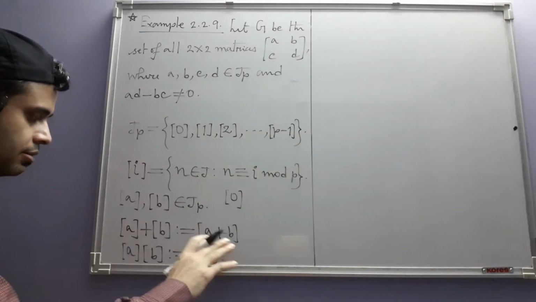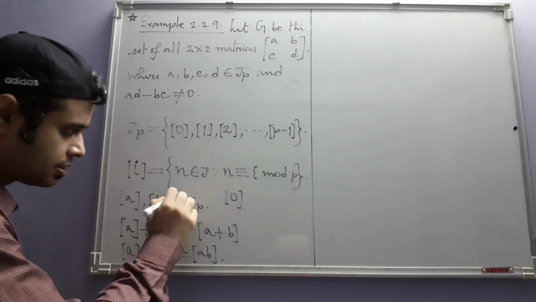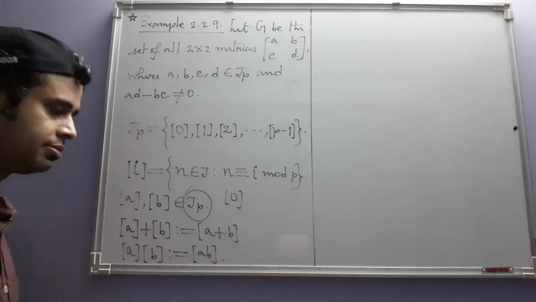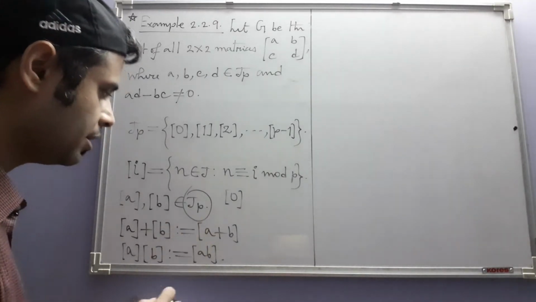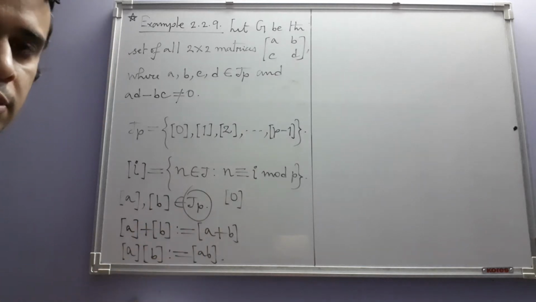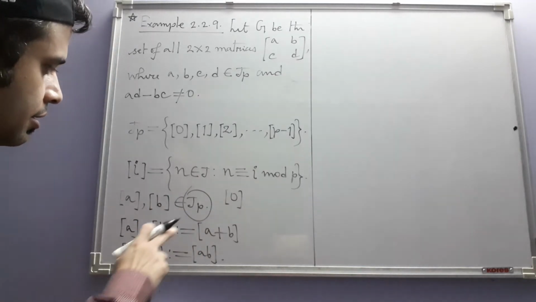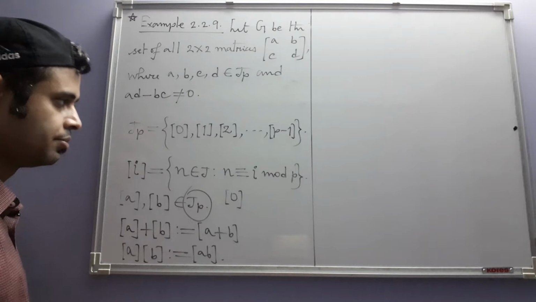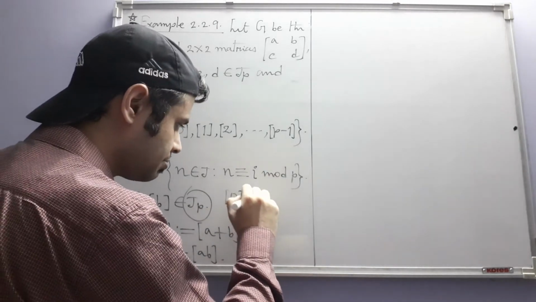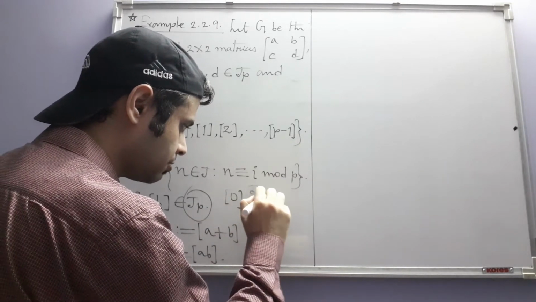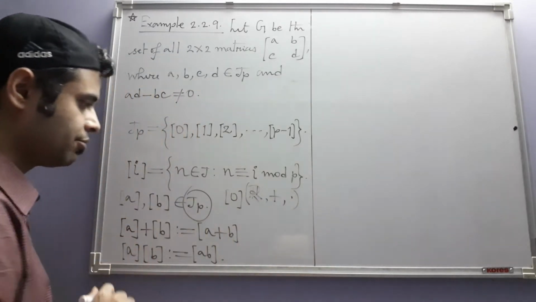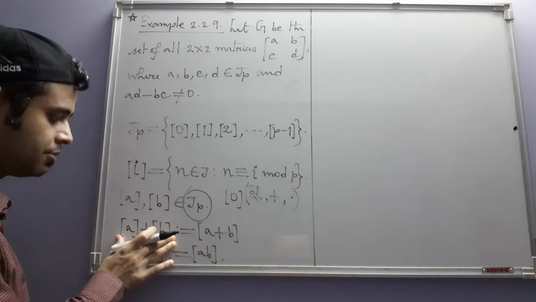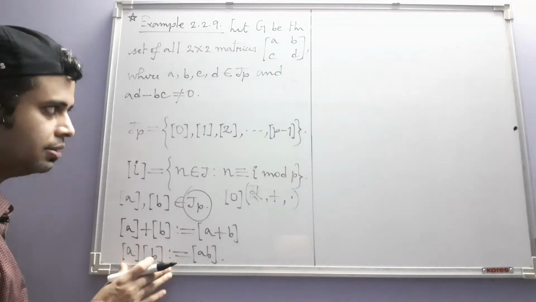In other words, this is a field. If you are familiar with fields, this is just like the system of real numbers is a field. The real number system is a field with respect to ordinary addition and multiplication. This is a field with respect to addition modulo P and multiplication modulo P.